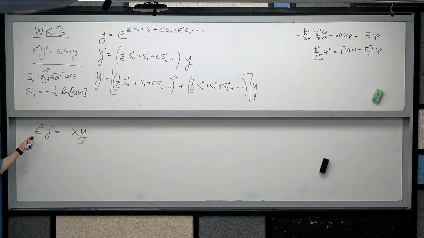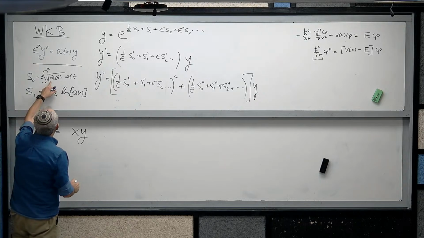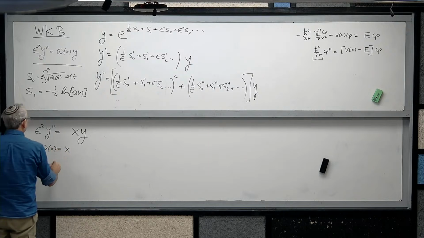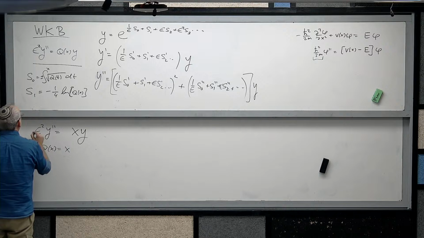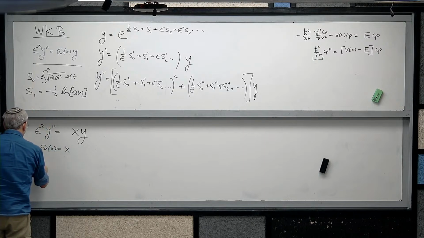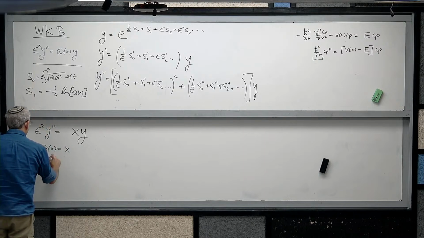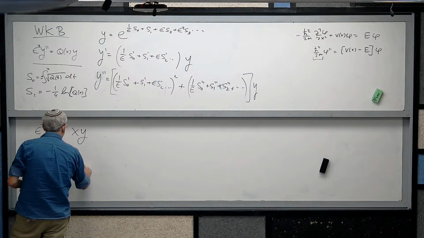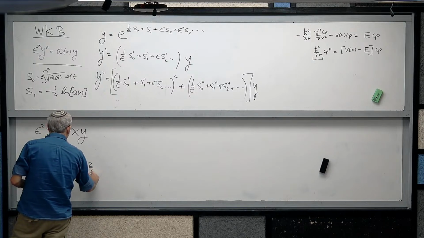This is the Airy equation, up to the epsilon squared. And the answer is, now, what is Q? It is x. So S naught is the integral up to x of the square root of t dt, plus minus, which is plus minus 2/3 x to the 3/2.